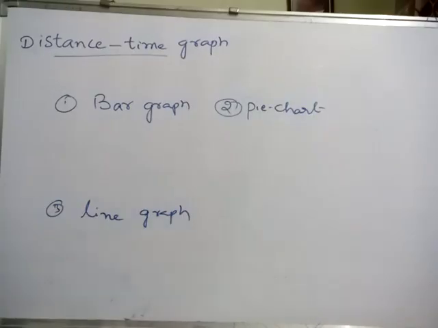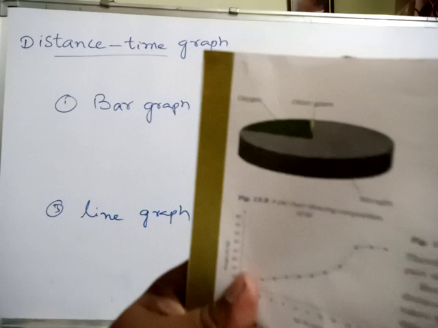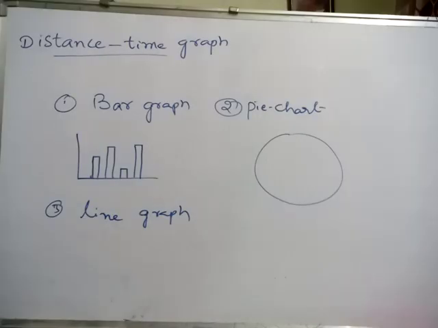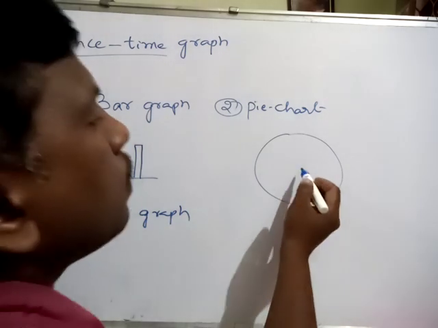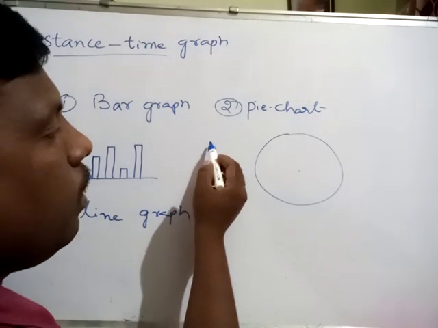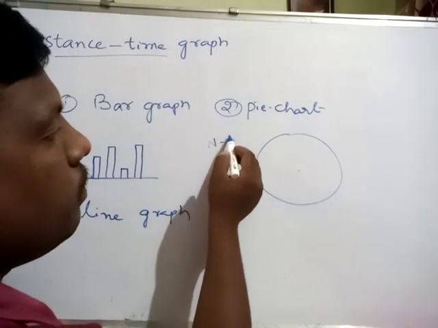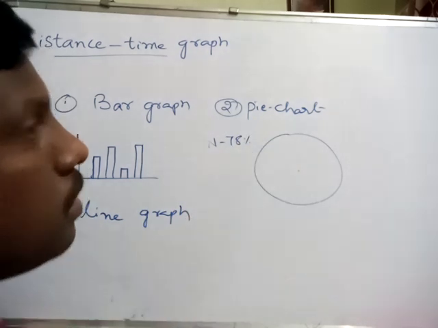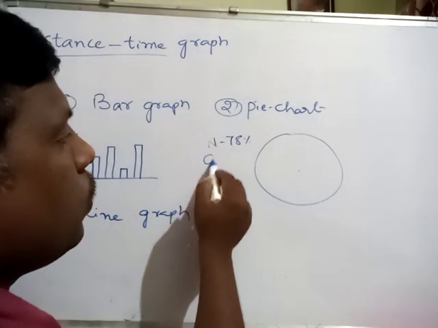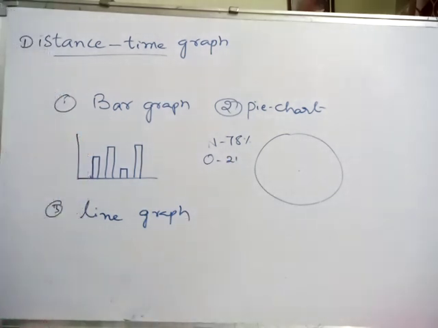Pie chart means like this. One circle, we have to take a circle. If you consider the gases present in our air, you know very well, nitrogen in the atmosphere has 78% and oxygen 21%.